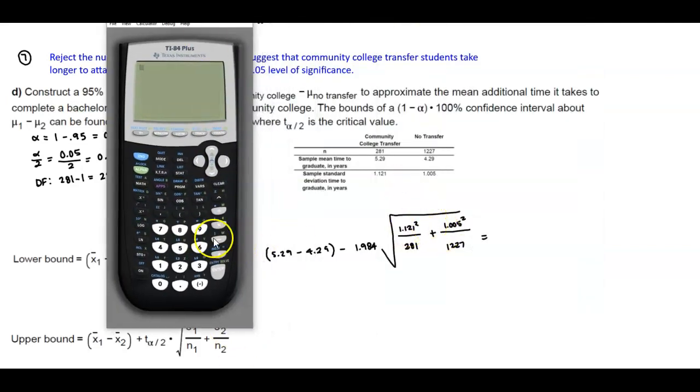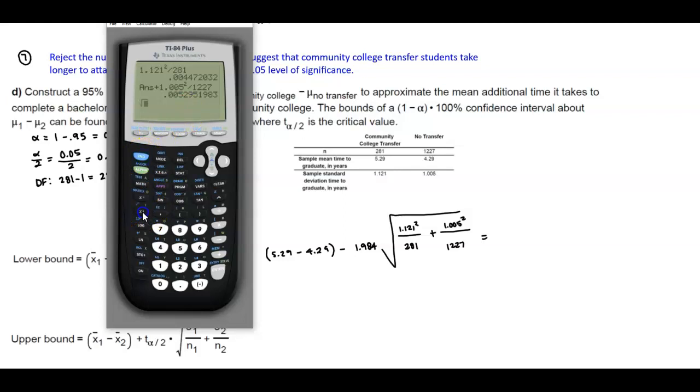So again, we're going to work within the square root. So we have 1.121 squared divided by 281, and then plus 1.005 squared divided by 1227. Okay, and then we need to take the square root of that number.